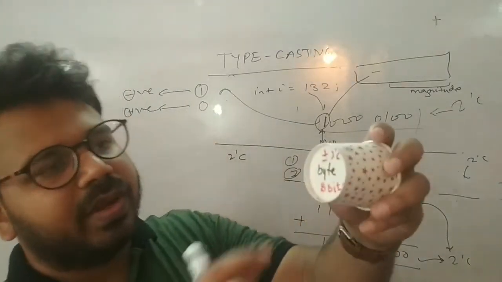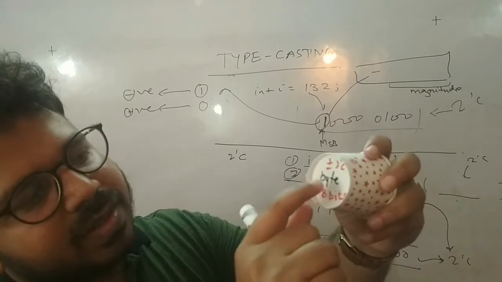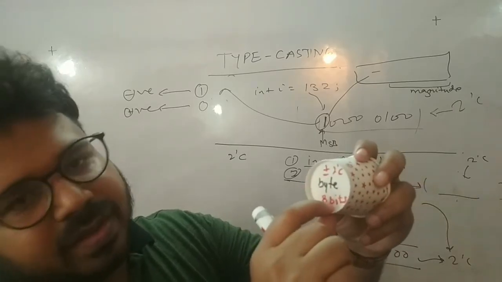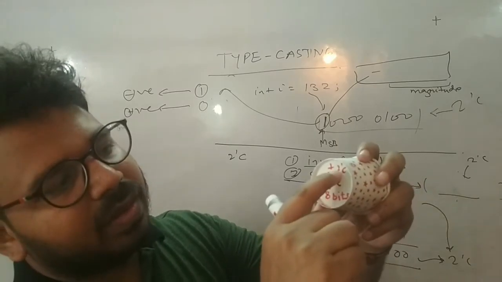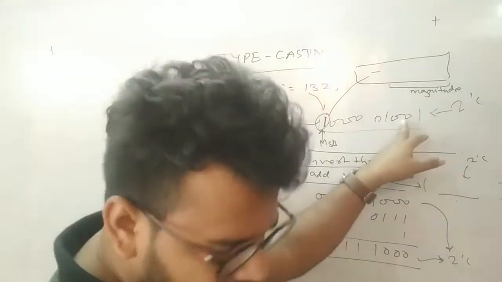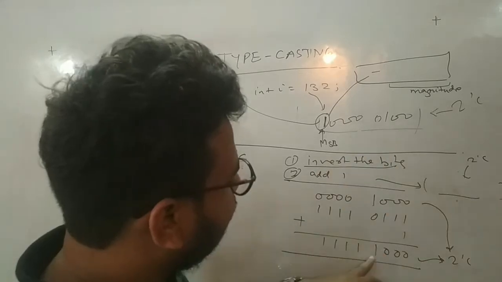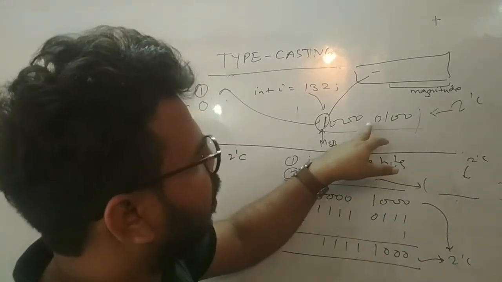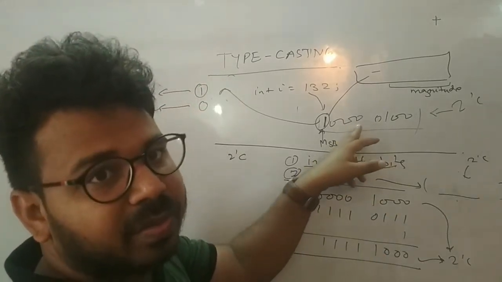Now as I already told you, in Java, byte is of size 8 bits and it is always in 2's complement form. So this number is already in 2's complement form.